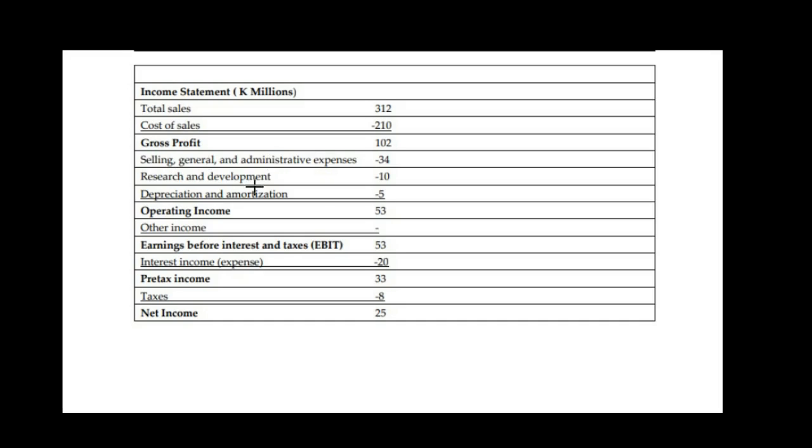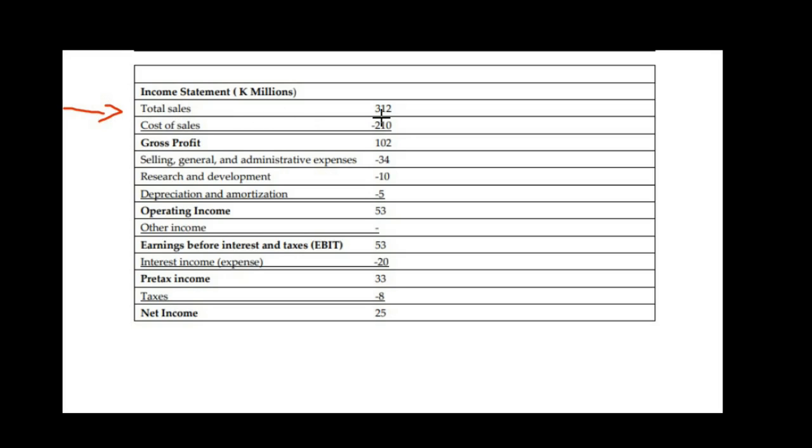As you can see here, total sales is 312, cost of sales is 210, gross profit 102, research, development, depreciation, amortization. Then we have the operating income, earnings before interest and taxes, EBIT, interest income expenses, and pre-tax income.